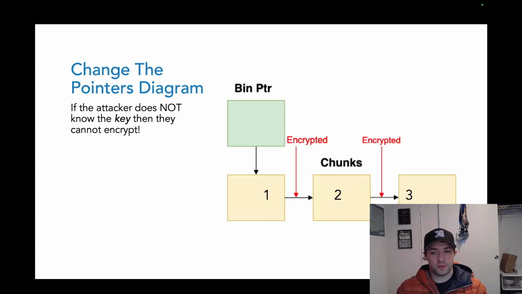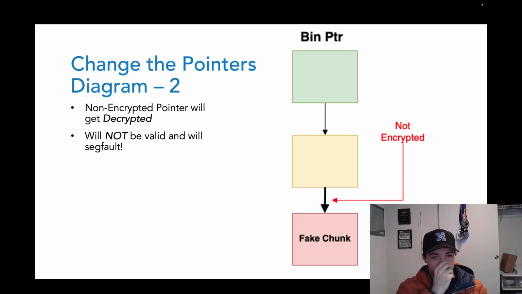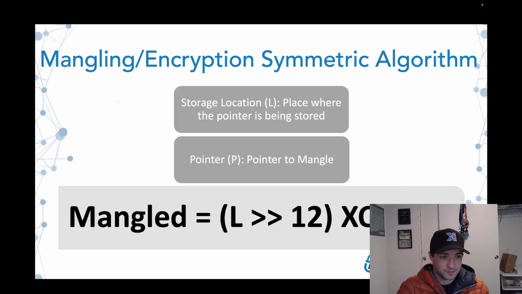And this is really useful because if this pointer here, for instance, we go from chunk 1 to chunk 2, is now effectively encrypted, we can't just trivially modify it. Because if we try to modify it and have it go to a fake chunk, when it tries to unencrypt or unmangle the pointer, it's going to be completely invalid, and that causes all sorts of havoc.